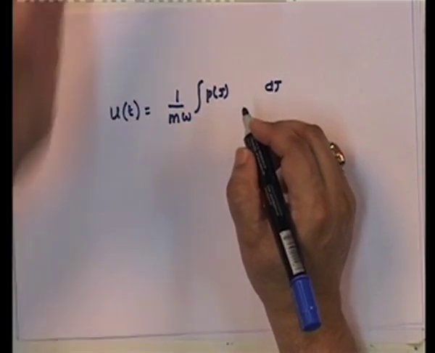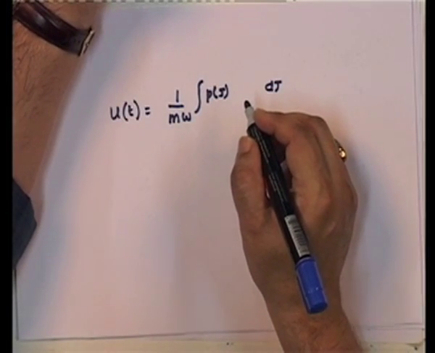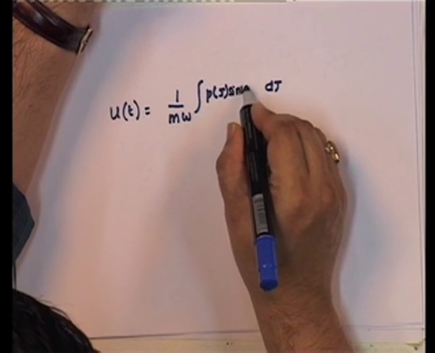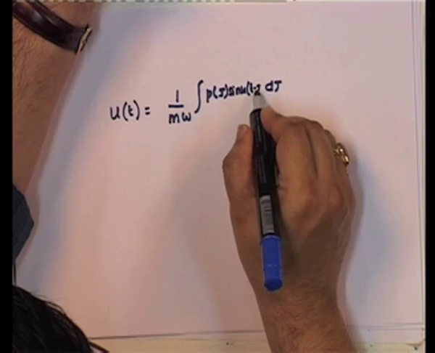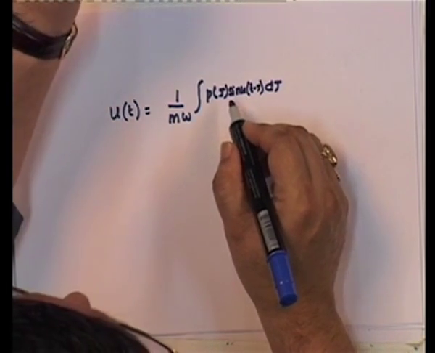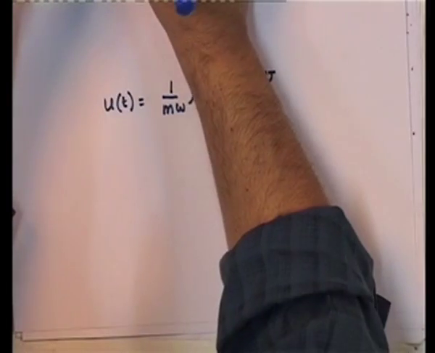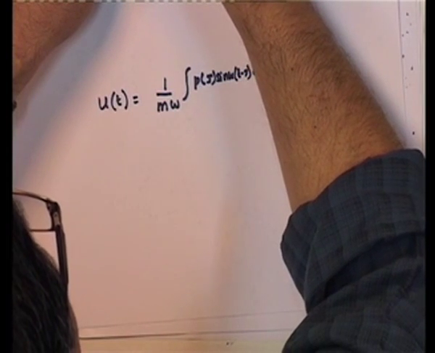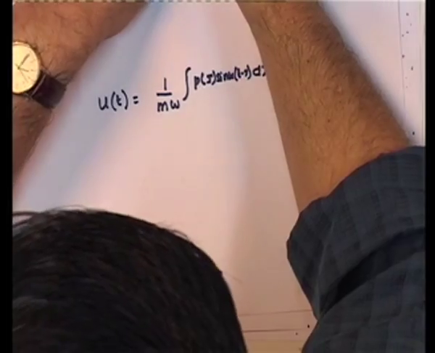Okay. And from there, if I start my thing, what am I doing? I am doing sine omega t minus tau, because I am starting at time tau. Okay. I am looking only at this response, forgetting everything else.